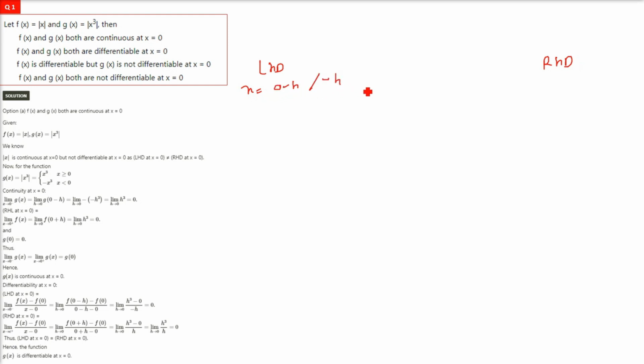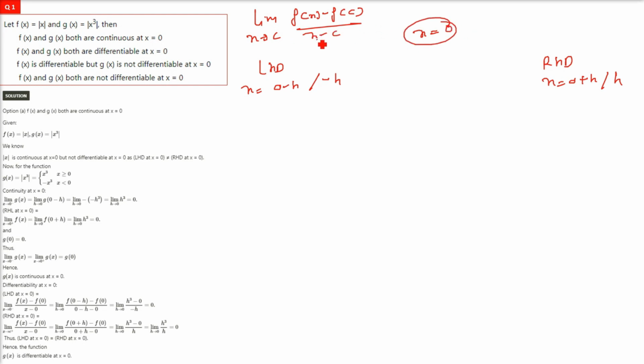This x is 0 minus h, and this is x equals 0 plus h, that is h only. That we are going to put in, because we are going to check at x equals 0. So limit x tends to c, f(x) minus f(c) divided by x minus c.